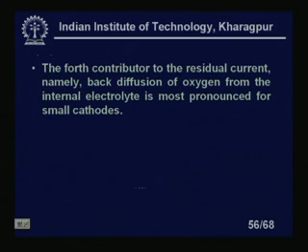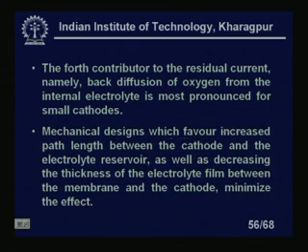The fourth contributor to the residual current, namely back diffusion of the oxygen from the internal electrolyte, is most pronounced for the small cathodes. Mechanical designs which favor increased path length between the cathode and the electrolyte reservoir, as well as decreasing the thickness of the electrolyte film between the membrane and the cathode, minimize the effect.